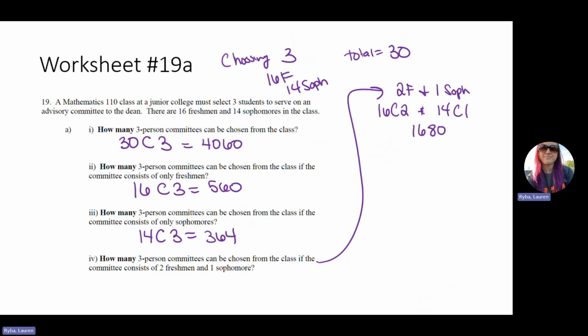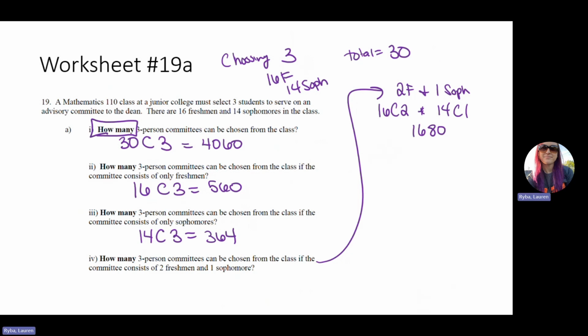Now, if we're going to use all of these to then turn them into probabilities or percents, I'm literally going to go through now and ask you, what's the probability of getting such and such? Yes. Question was, why didn't we divide yet by this total 30 choose 3? Because the question is not asking what's the probability yet. So anytime it says how many, you're only looking for the numerator.